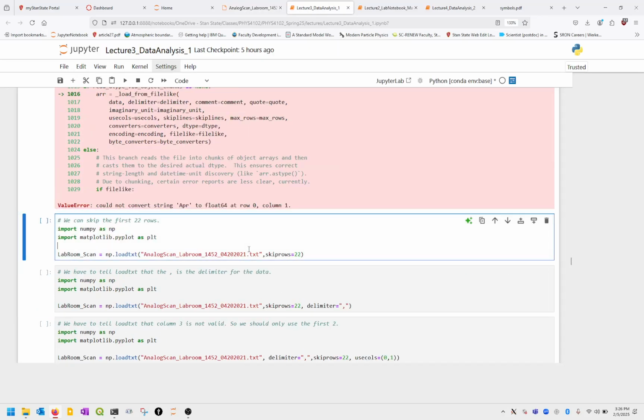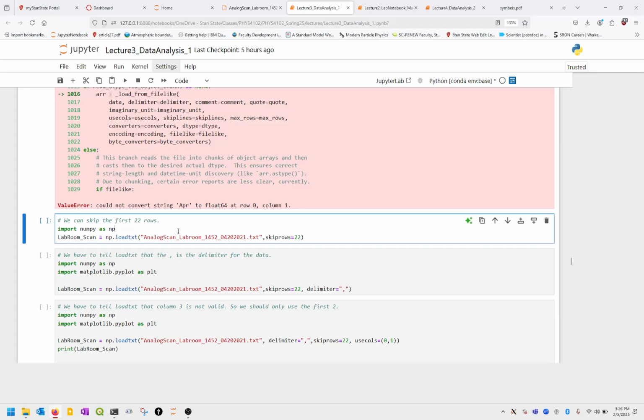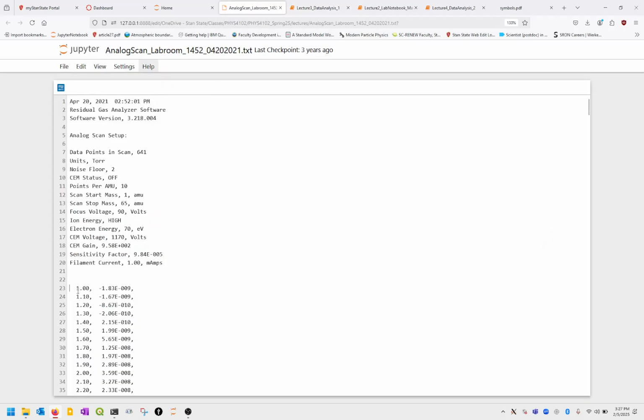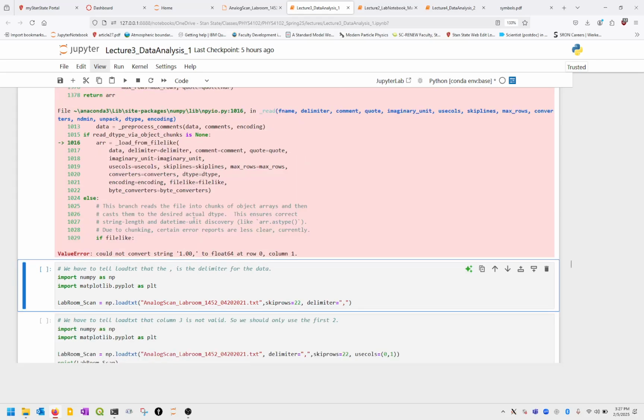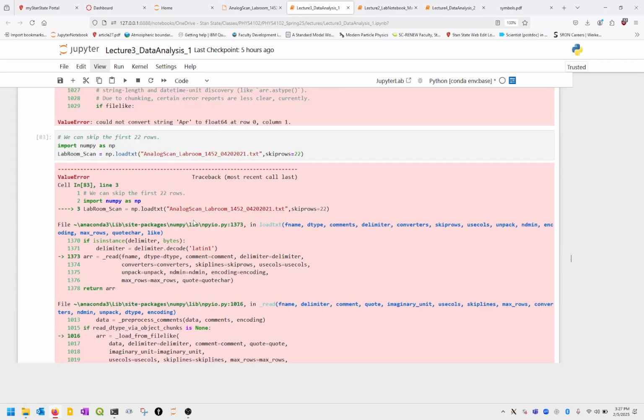Skiprows. You don't need this yet. So we skip the first 22 rows, and that way it goes straight to this number, hopefully. If you push play on that one, you get a different red box.